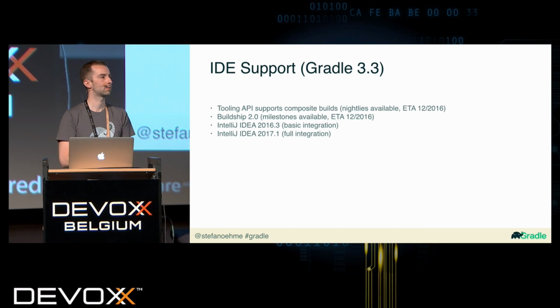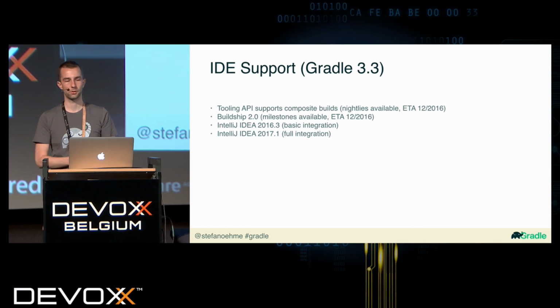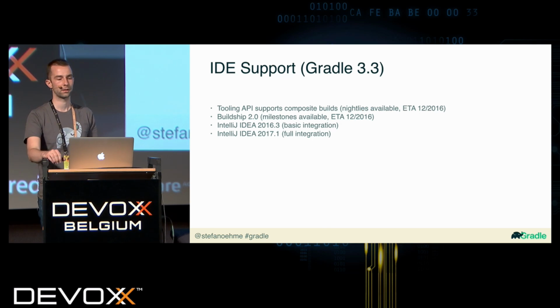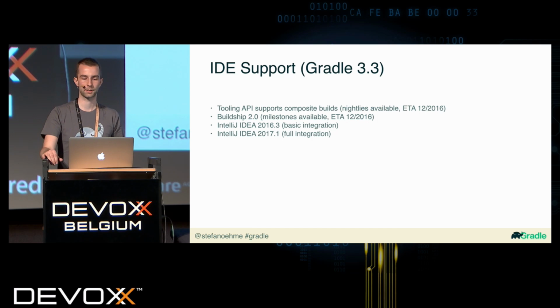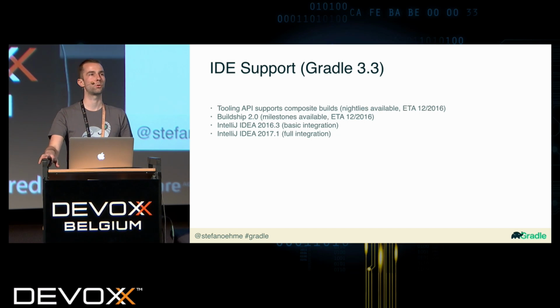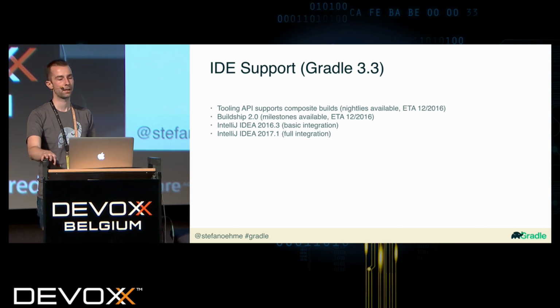Now, as I said, IDE support is solved on the master branch. So we added support for composite builds to the tooling API, and this will be released mid-December. Buildship 2.0 already has nightly builds and soon a milestone build that you'll be able to use. So if you're an Eclipse user, you'll be able to import composites if you use the Buildship milestone and the latest Gradle nightlies.